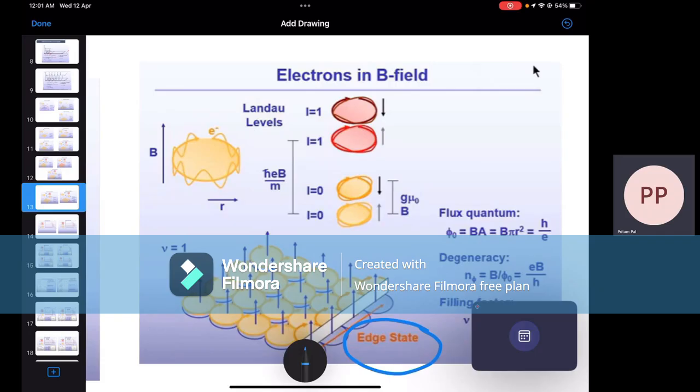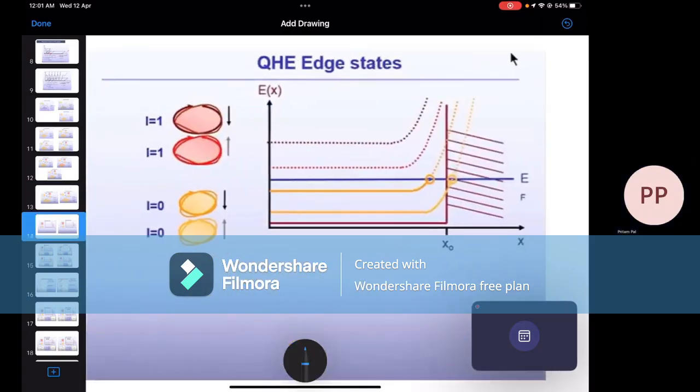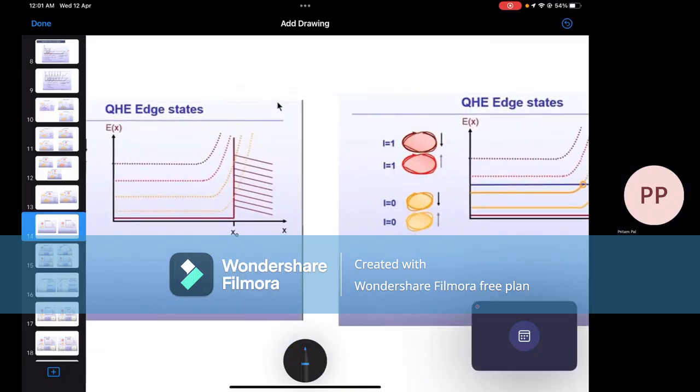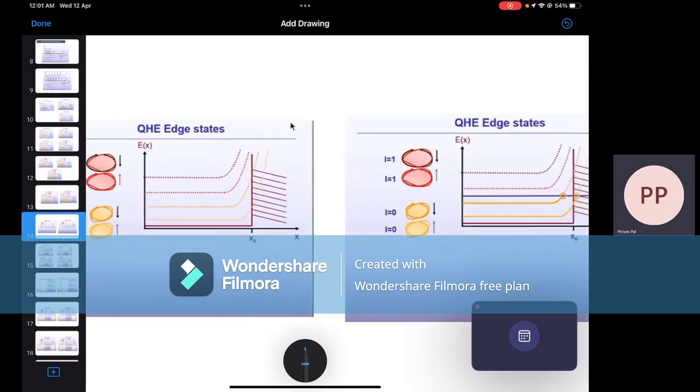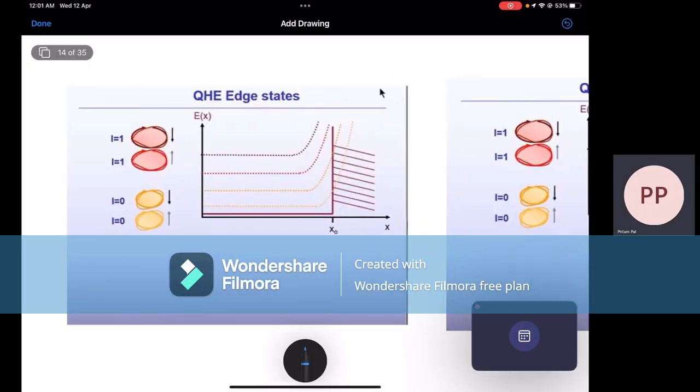You can think of the edge state as being squeezed up against the wall, and so I'm going to draw the spectrum of the lowest level state. I'm going to draw the energy versus position.